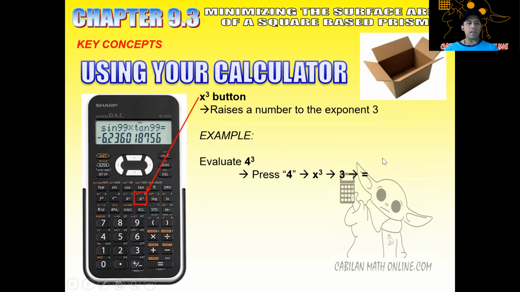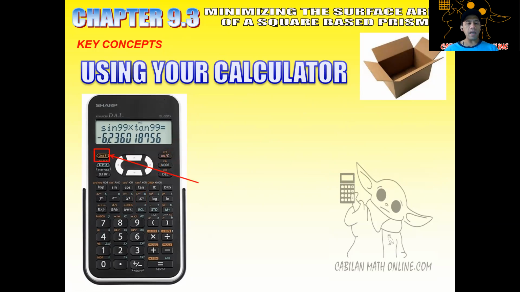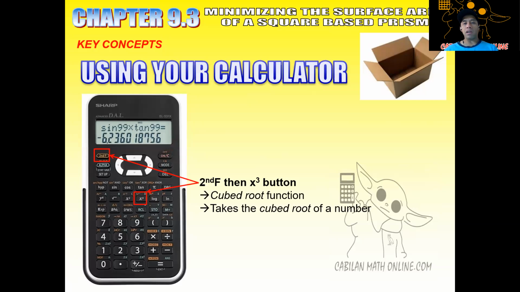The next thing we're going to do is take a look at what's called the cubed root. We're going to press 2 buttons here, which are the second function and the x cubed key that you pressed just a few seconds ago. It will take the cube root of the number that you put in.